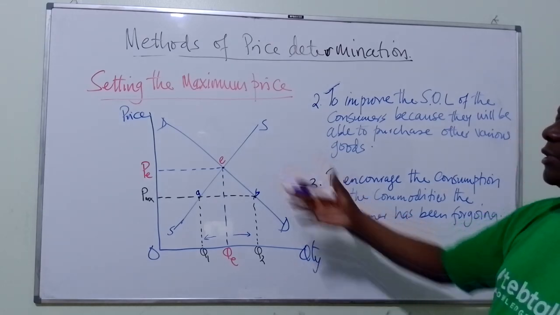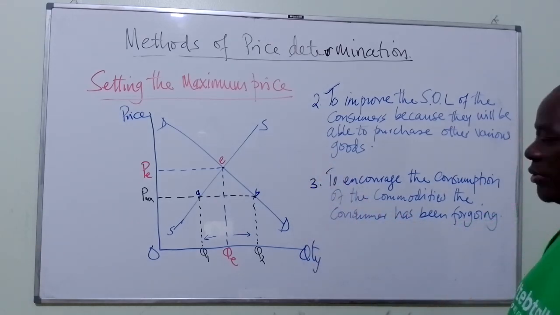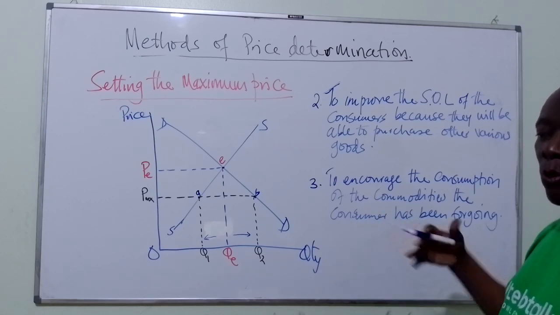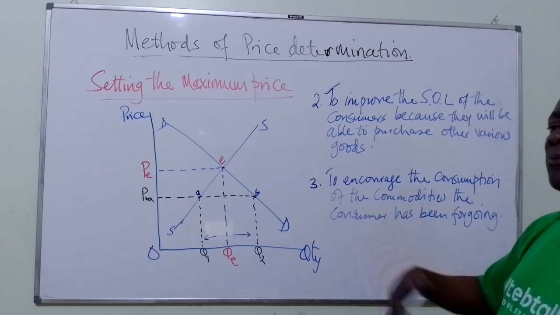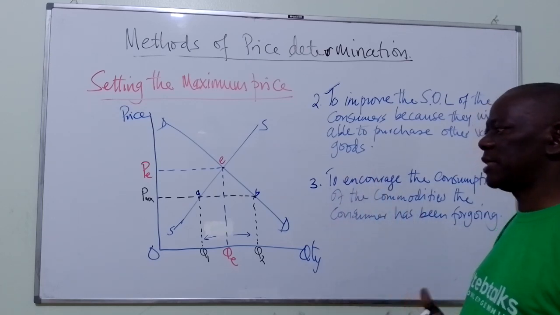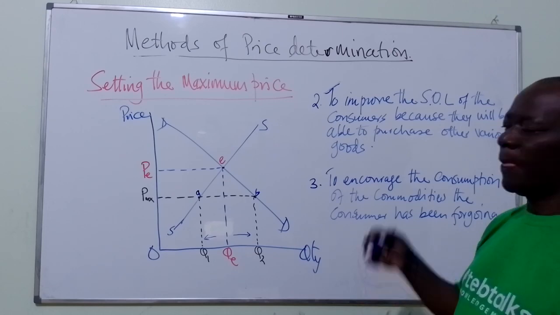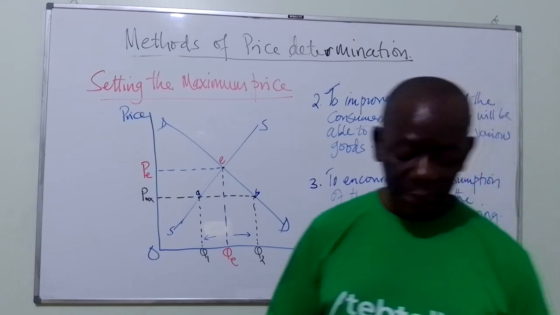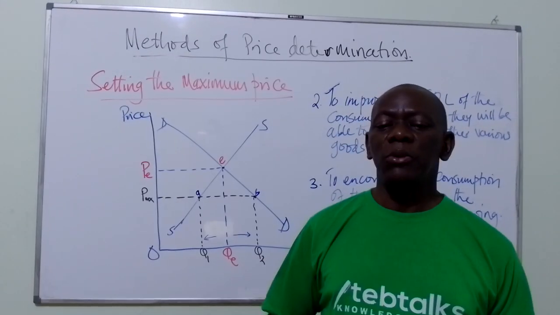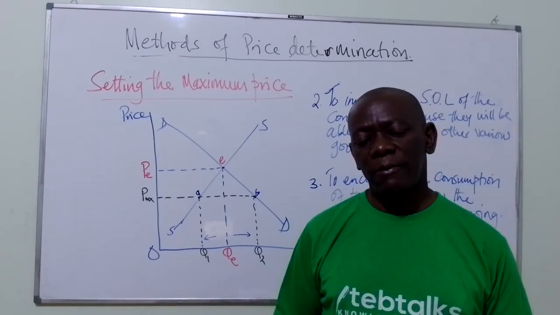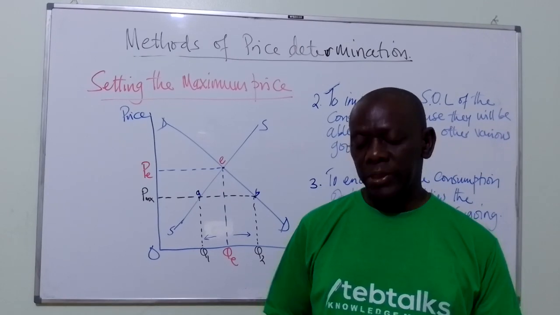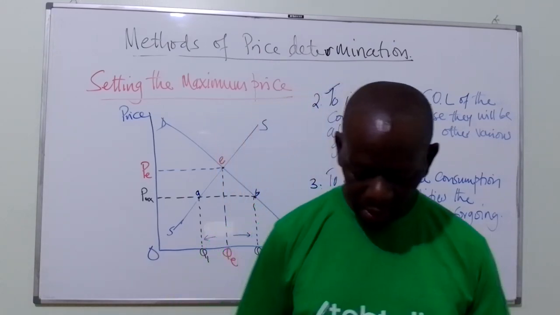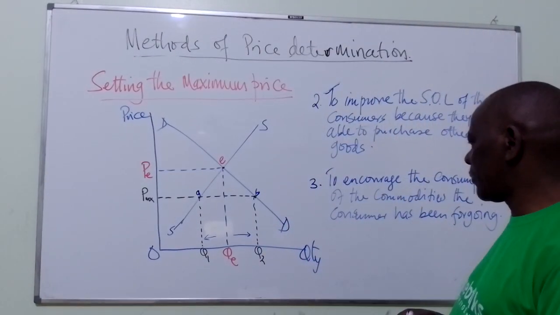He might be foregoing this because the income is low, he cannot afford the big amount. Now he can be able to do so. Or he can buy what has been foregone. Say, let me not buy this, my income will not be able to cater for all these commodities. Now, the government has helped him to be able to cater for all those other commodities which have been foregone because of the high prices.